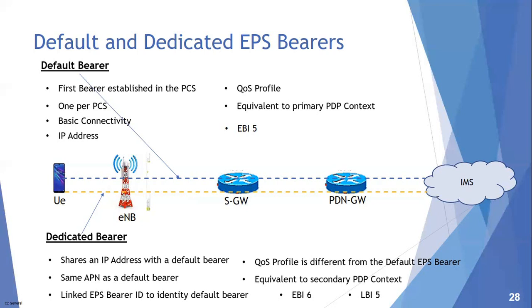You'll always find that the dedicated bearer has something called the LBI, which is an abbreviation for Link Bearer ID. It has the same ID as the EPS bearer ID of the default bearer. This means that this dedicated bearer is linked with the default bearer.